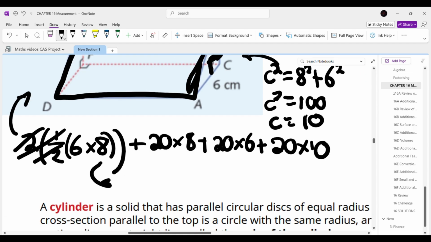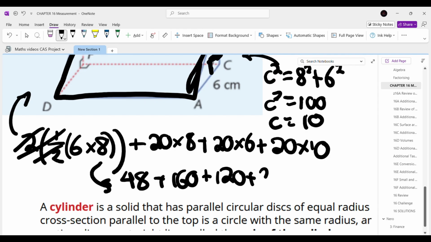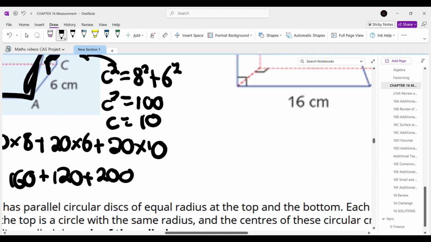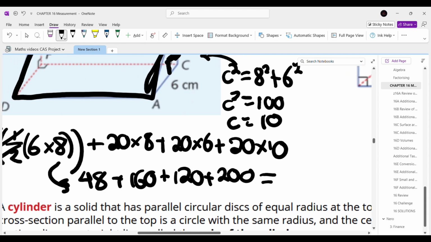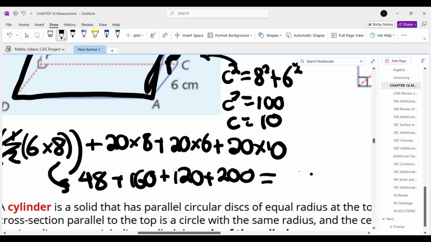Right, so this simplifies down to 48 plus 160 plus 120 plus 200, which equals, if I can just crunch the numbers, pull out my calculator. So 100 plus 160. It's just equal to 528 square centimeters.